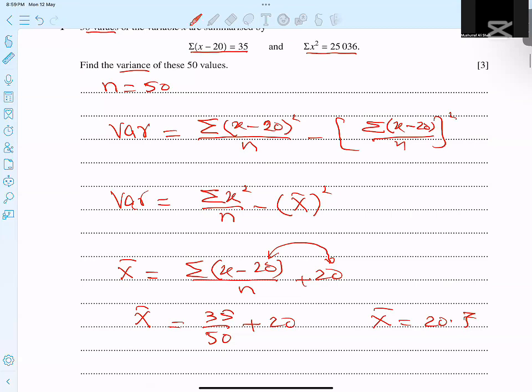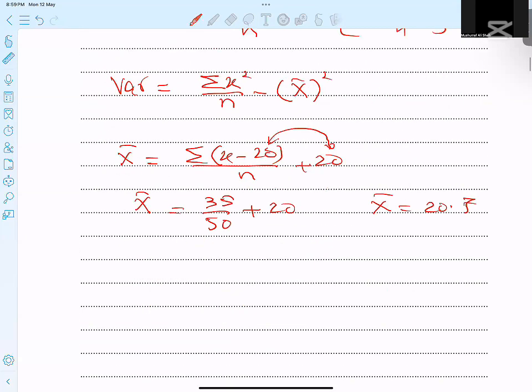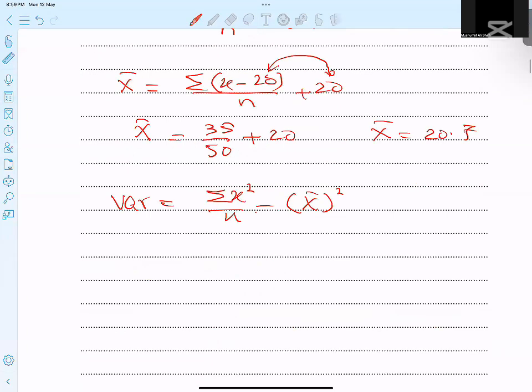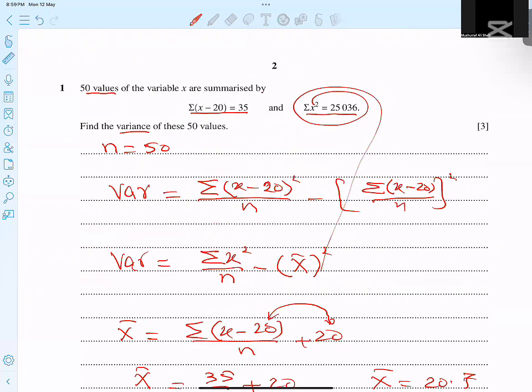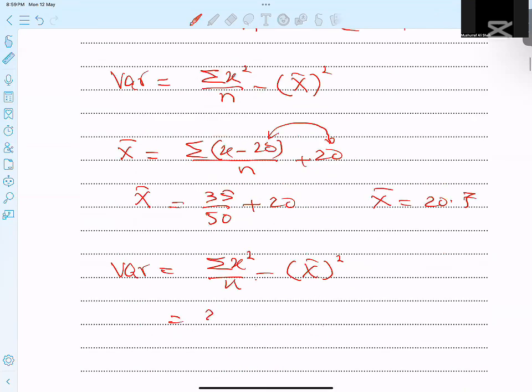Now I'm going to use the variance formula. What is the variance formula? Sigma x square by n, minus mean square. And this value I will get from the top: 250.36 over 50.